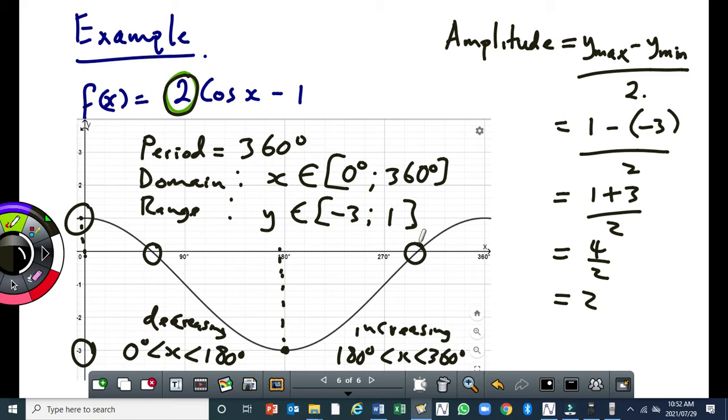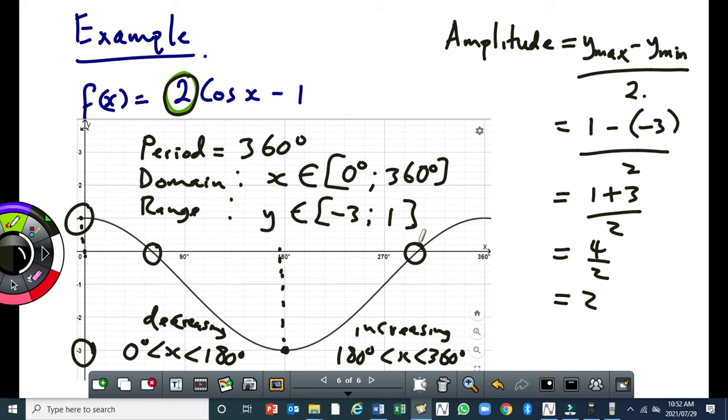That's why you can't do trig graphs in grade 11 without trig equations and general solution. Okay, let's do that question.